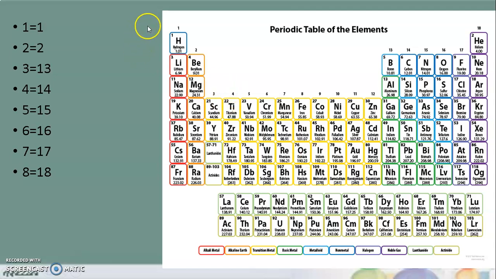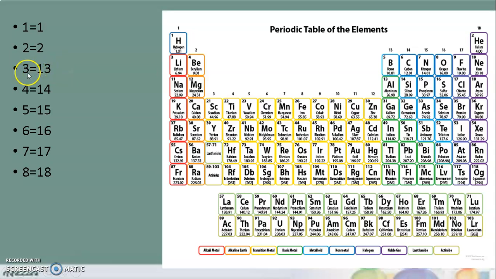Here you have an example of your periodic table. As you can see, on top of the groups, you have a number system. Before, I explained that the valence electrons tell you your group number. In this kind of periodic table, the valence electrons telling you the group number is only true for groups 1 and 2.